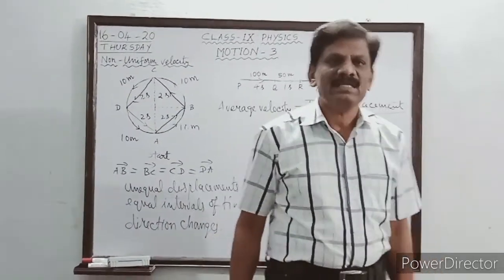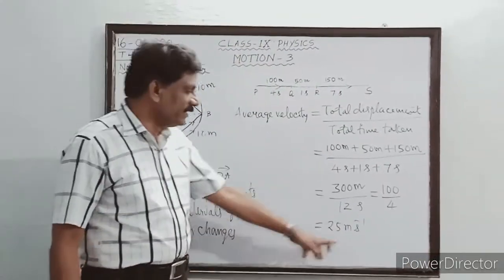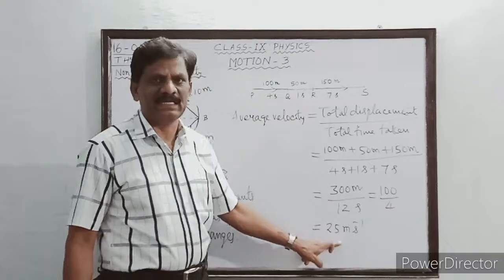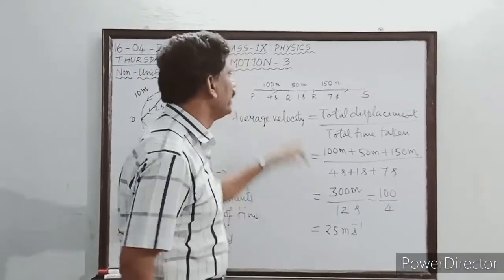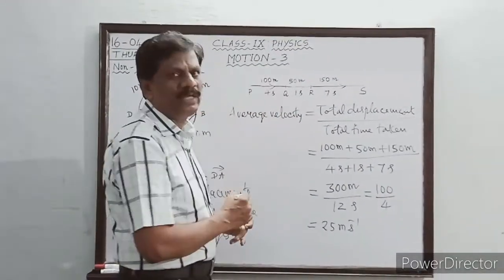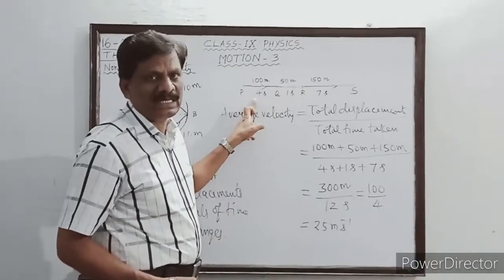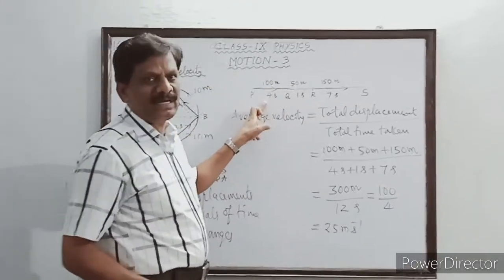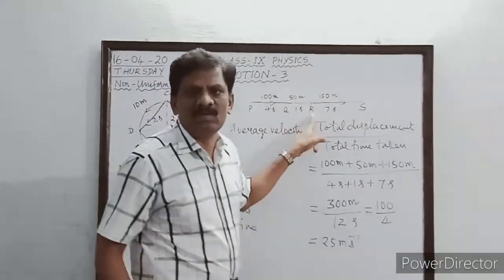So, what is the average velocity of the body? It is found to be 25 meters per second. Okay, now if I ask you specifically what is the velocity of the body between P and Q? Yes, 100 by 4. That is also 25 meters per second. And between Q and R, what should be the velocity?